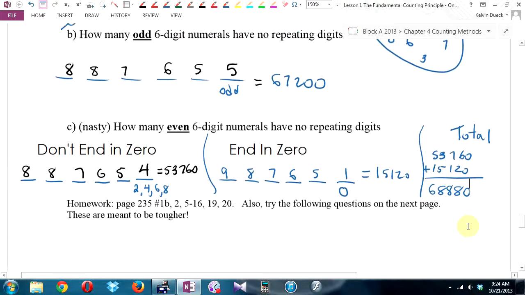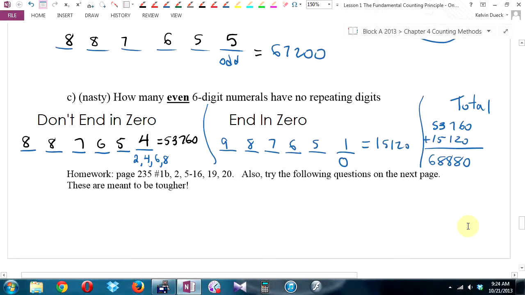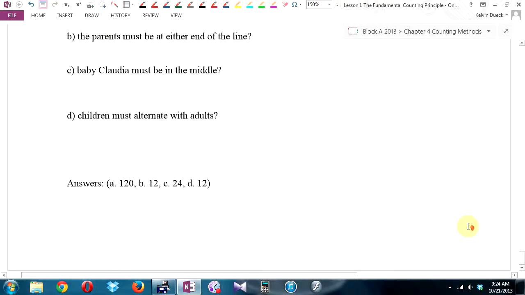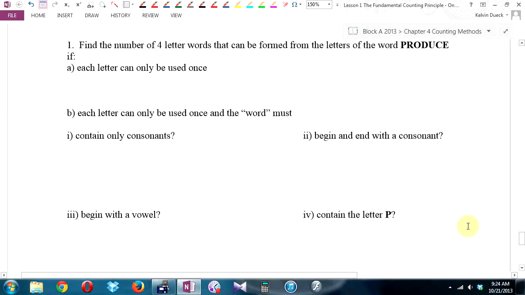What's your homework? From page 235, number 1B, 2, 15 to 16, they go quick, I hope, 19 and 20. And then I said, try these ones as well. These are meant to be nastier. I did include the answers. These are all with weird restrictions, with weird situations.